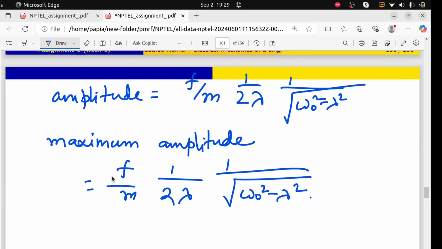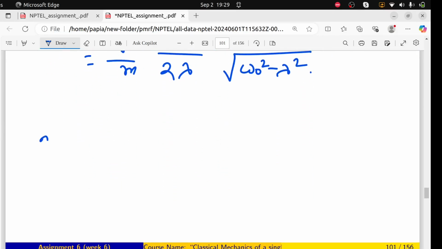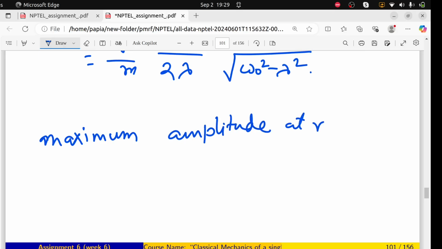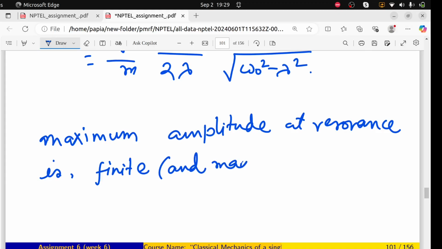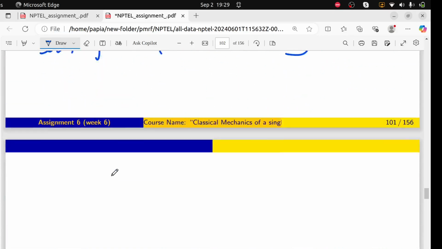Now you can see that the maximum amplitude is finite. Okay, it is finite and also maximum. Why am I saying it is a maximum?